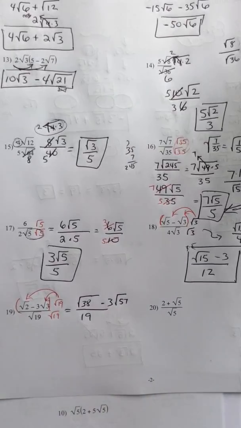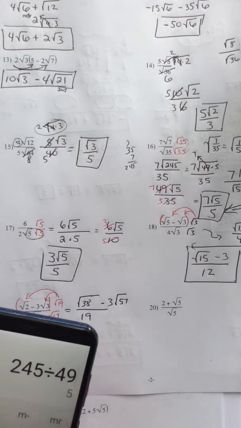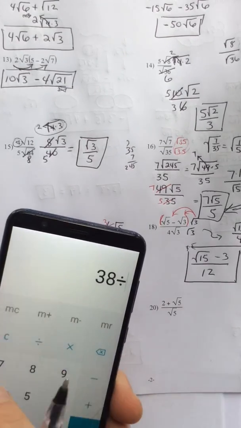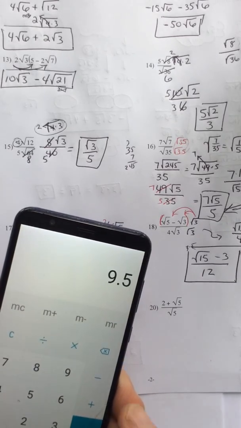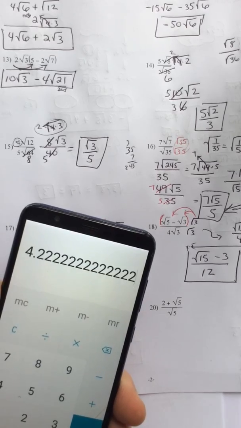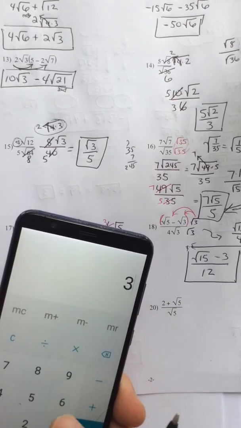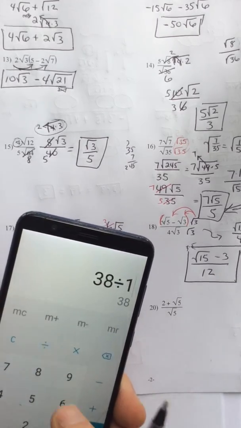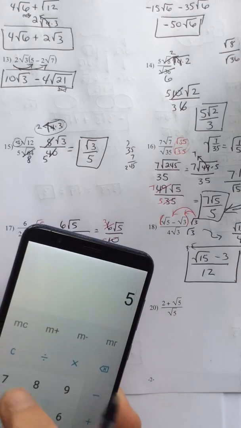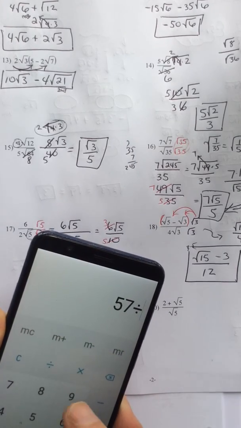Okay, that 38, I need to check it for some perfect squares here. So 38 divided by 4 is not going to work. 38 divided by 9, no. And 38 divided by 16, no. So the 38 is good. It has no perfect squares in it. What about the 57? I'm going to try 9, and 9 is not going to work.